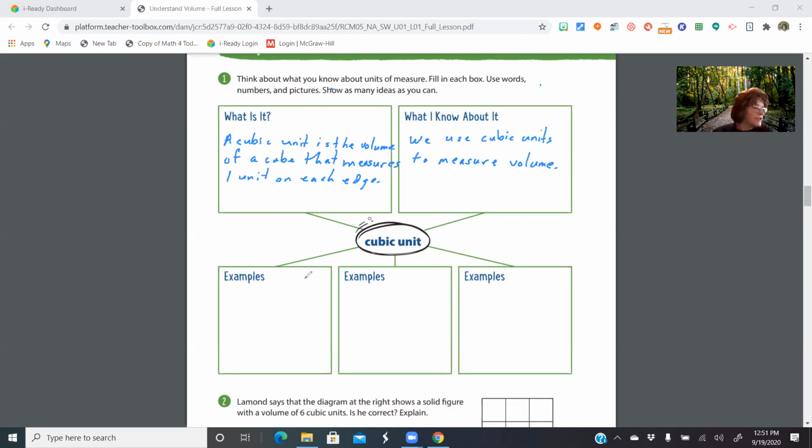Okay, now they want examples. So if I were to draw, and I'm going to do my best here, a cubic unit. I'm just telling you, this is going to get really yucky.